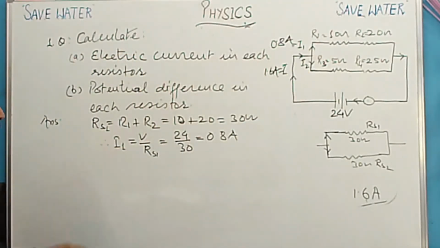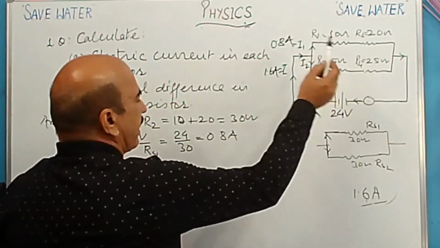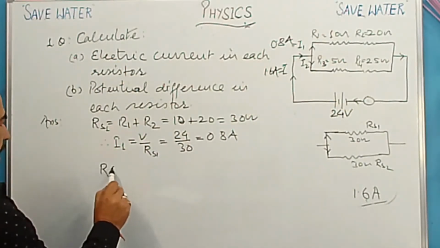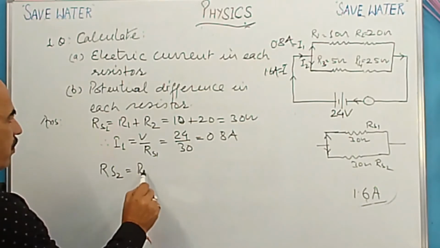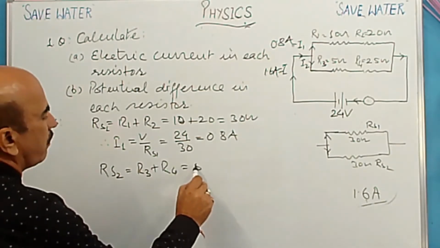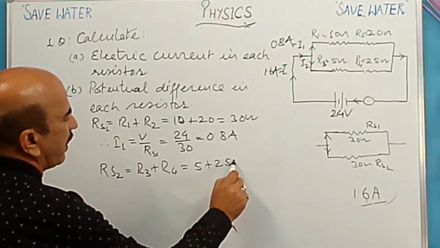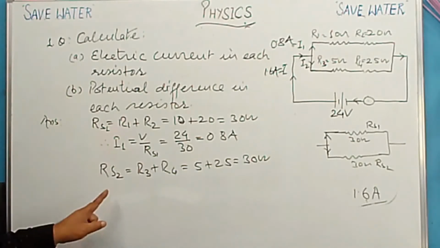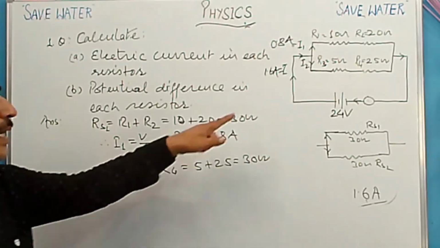In the same way we can find RS2 because these two are in series. So here RS2 is equal to R3 plus R4. And it is equal to 5 plus 25 is equal to 30 ohm. Any problem here? So now how much will I2 be? Find I2.